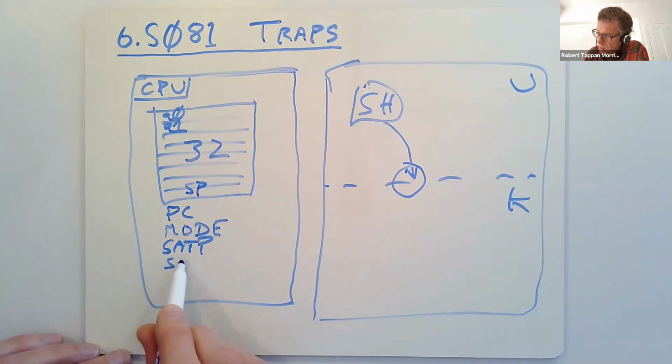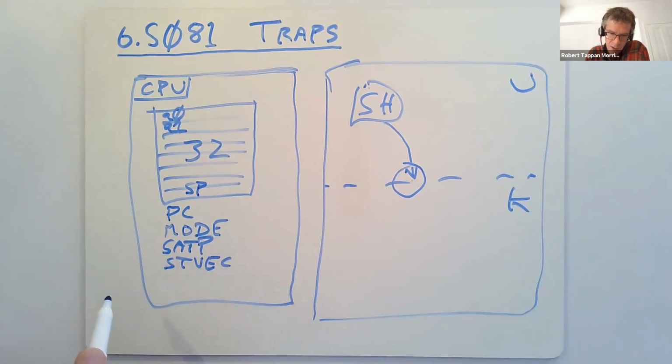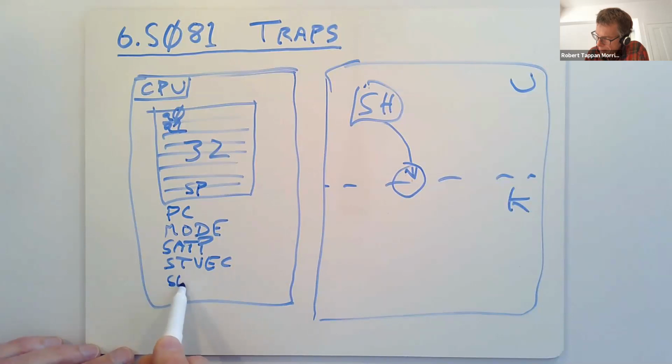And it'll turn out there's a couple of others that are super important for this discussion. There's STVEC, which is the address of the instruction that should handle traps in the kernel. There's a register called SEPC for saving the program counter during a trap. And we'll see there's another one called scratch, which is also very important.